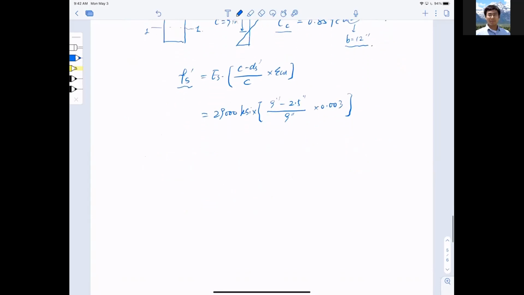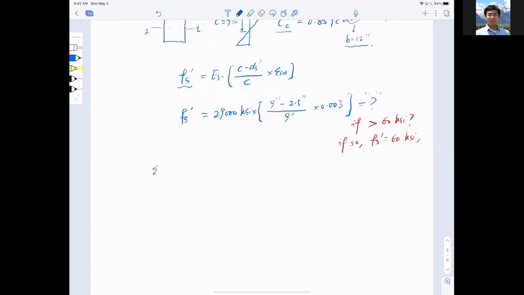So now we need to know what the compressive stress Fs prime is, and also check if it is bigger than the yield strength of 60 KSI or not. If so, we need to set Fs prime equal to 60 KSI. All right, so that is that.